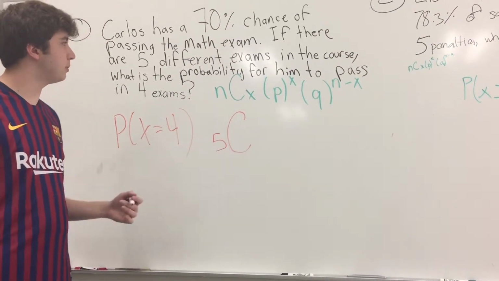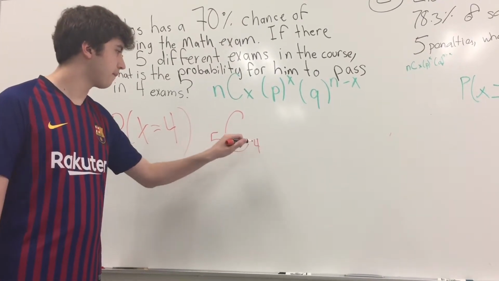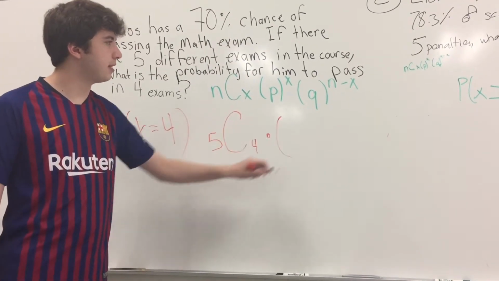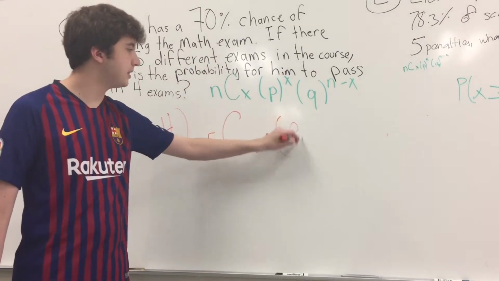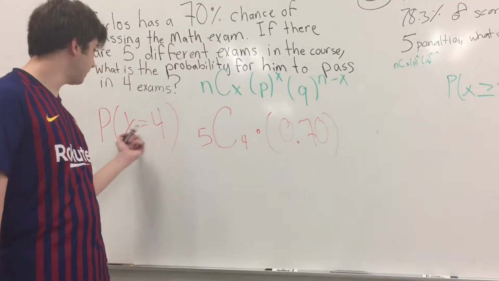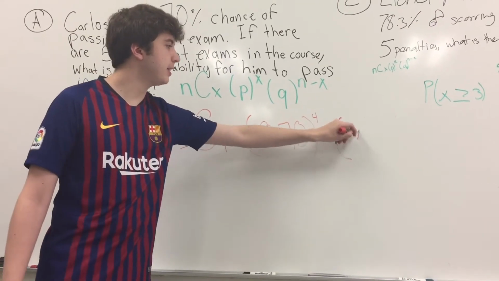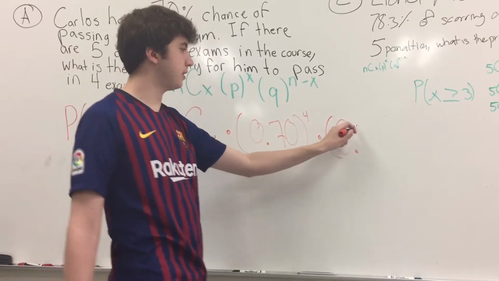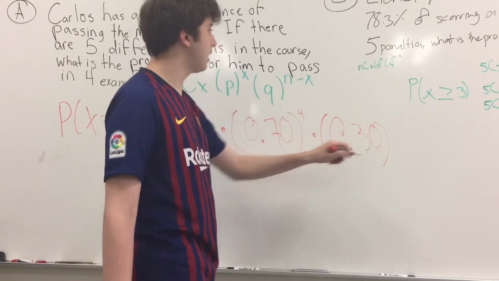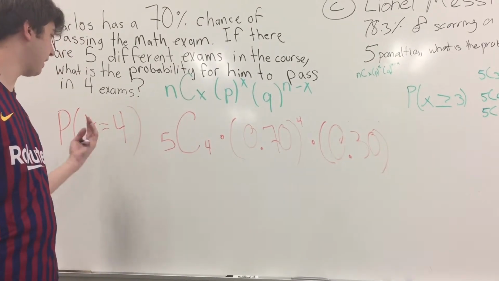Then our x will be the number of exams that Carlos must pass, which is 4. Then we multiply by the probability of success, 70% as a decimal, 0.70, raised to 4 once again, since x equals 4. And we multiply by the probability of failure, which will be 0.30, raised to n minus x, so n is 5 and x is 4.